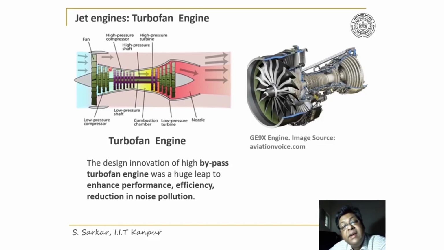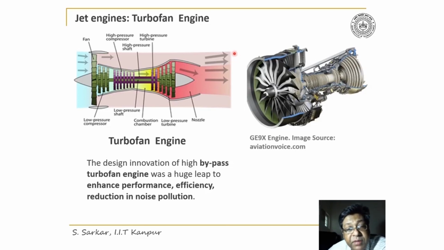Combustion occurs, and the gas is expanded in the turbine. There are also two stages: one is called the high pressure stage and the other the low pressure stage. Generally the low pressure shaft is connected to the fan, and then the remaining part of the gas is expanded through the nozzle to produce thrust.